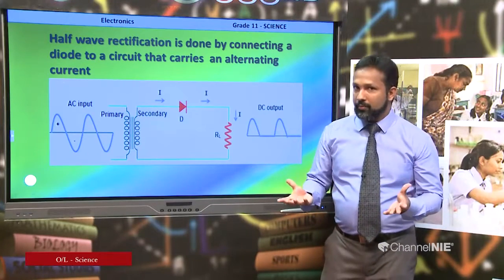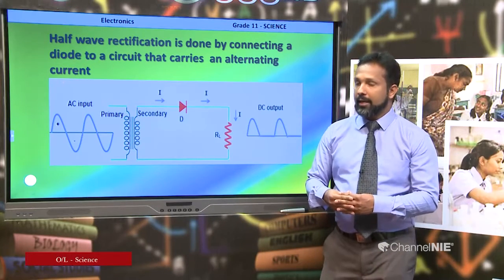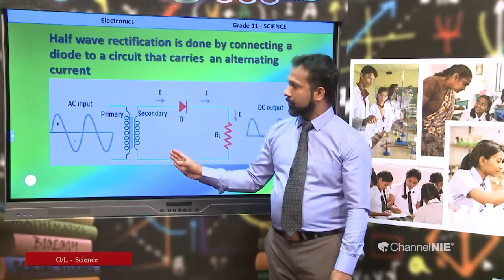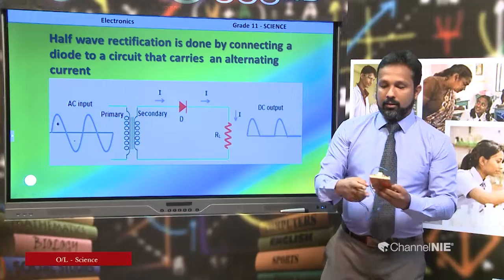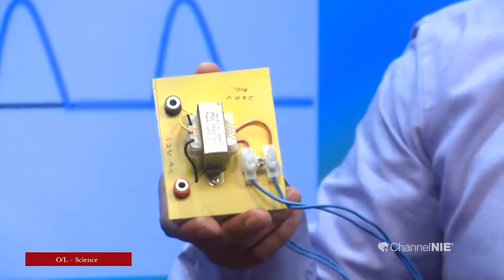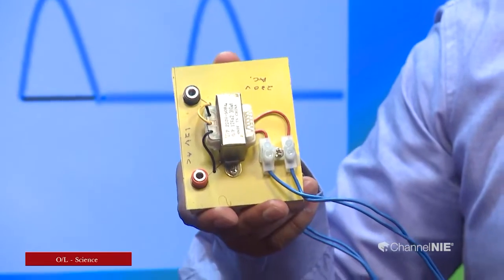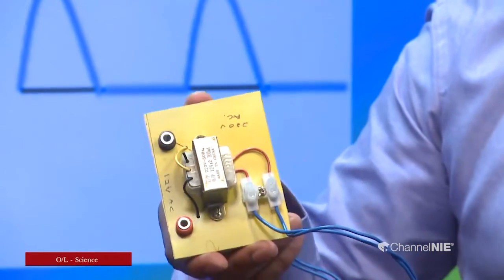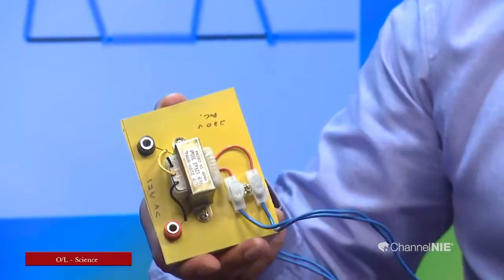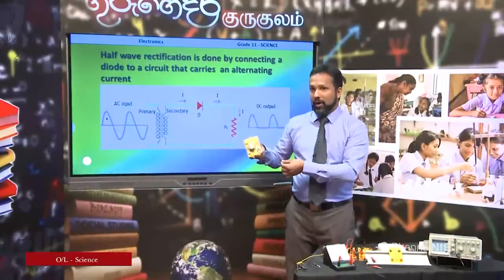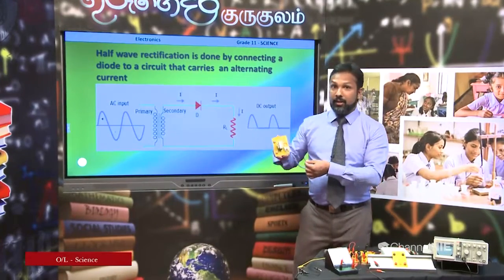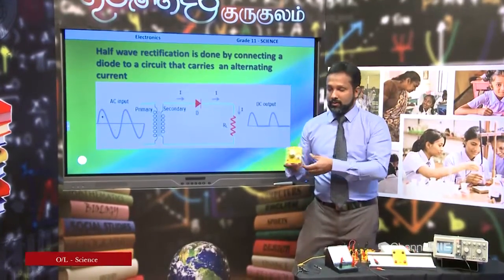You will learn about transformers in coming lessons. Here we use a step down transformer. We use this step down transformer to convert a higher voltage into a lower voltage. That is why we call it a step down transformer.